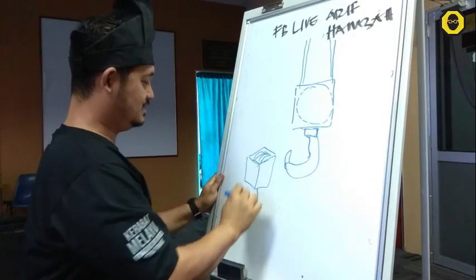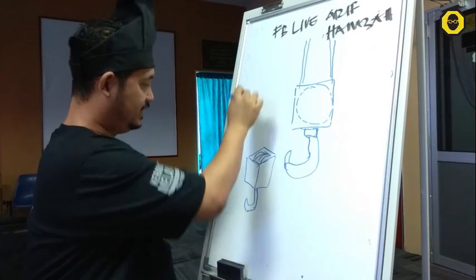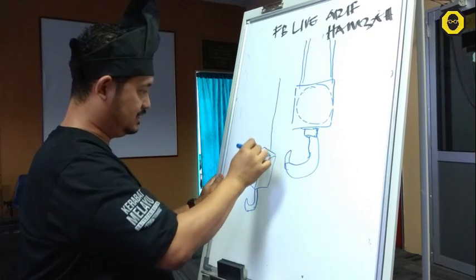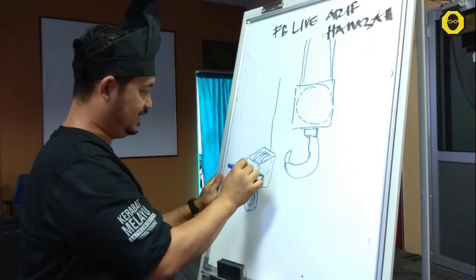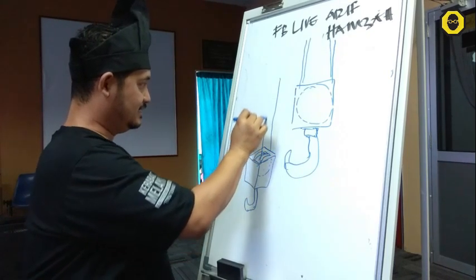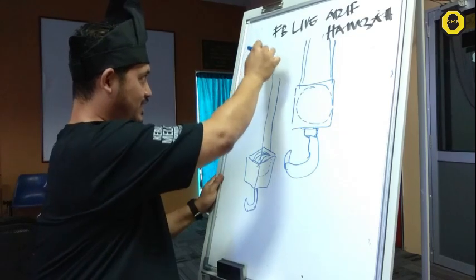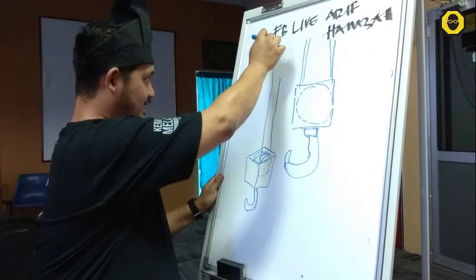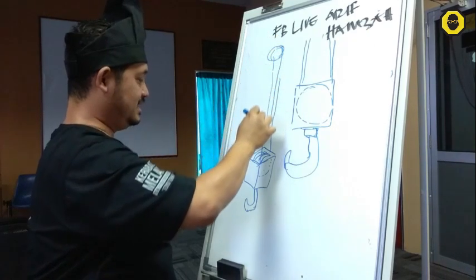So it will be like this: down, up, and go up, back, center of the pulley, go up there and come down there, second groove.